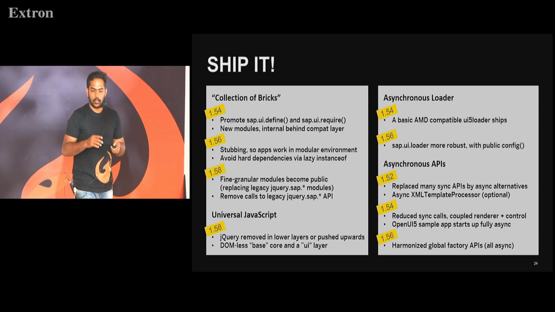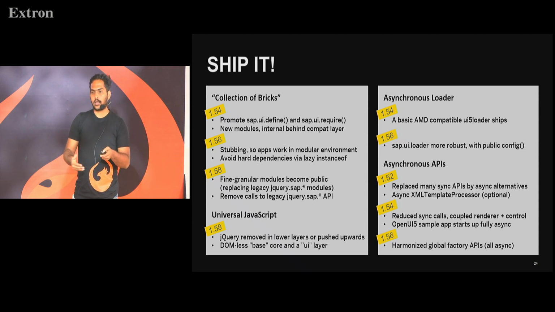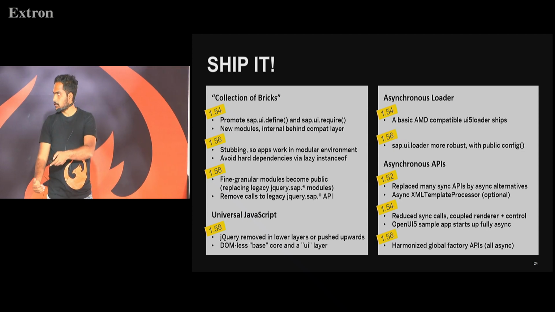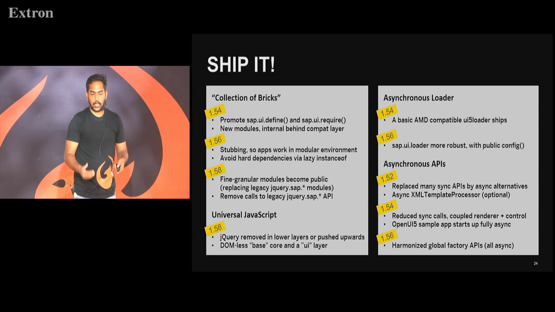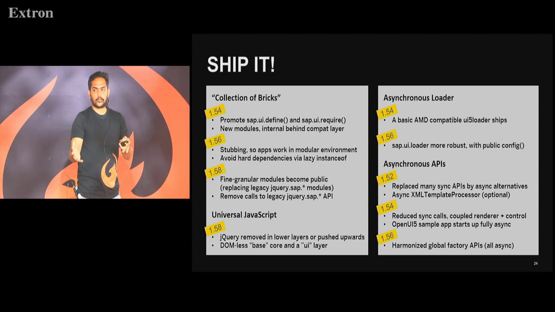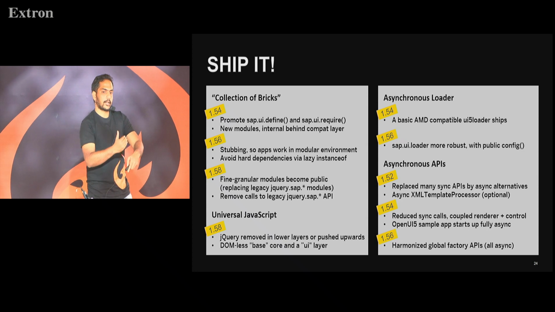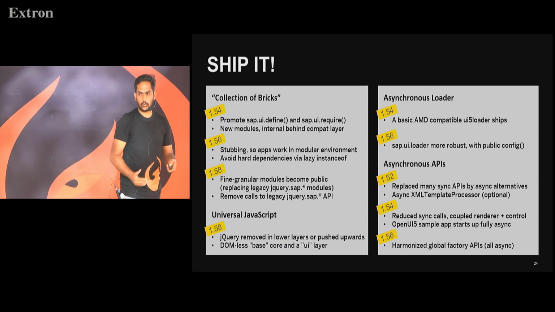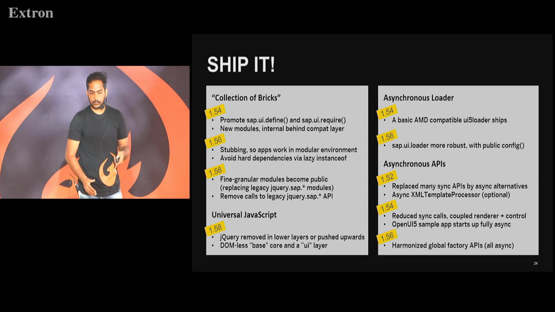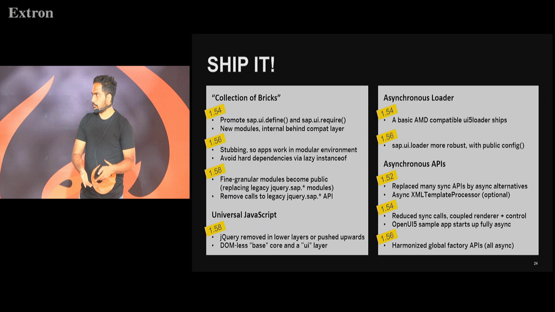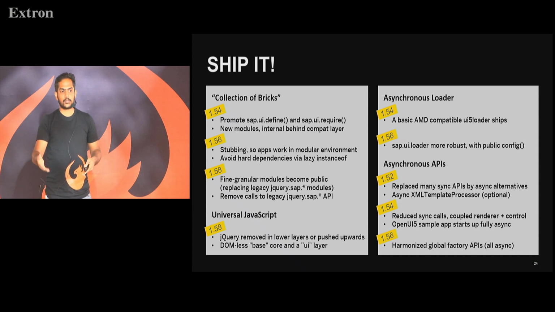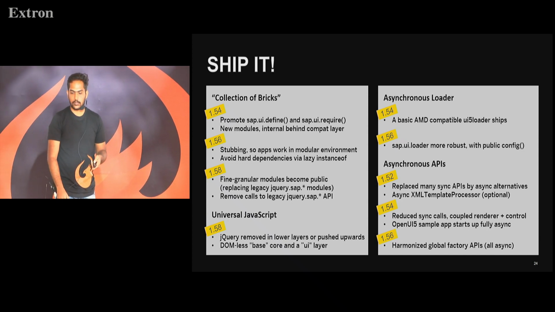And then in 1.58, the jQuery, as you see, has been removed from the very lowest layer, that is the base layer. And if it is required anywhere, then it has been pushed to the upper layers in the UI layer. Again, you have DOM-less base, core and UI layers, a clear separation between jQuery dependencies and not having jQuery dependencies.